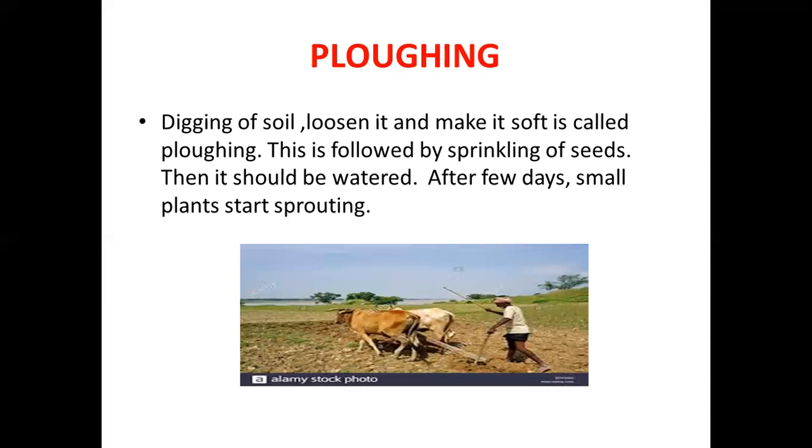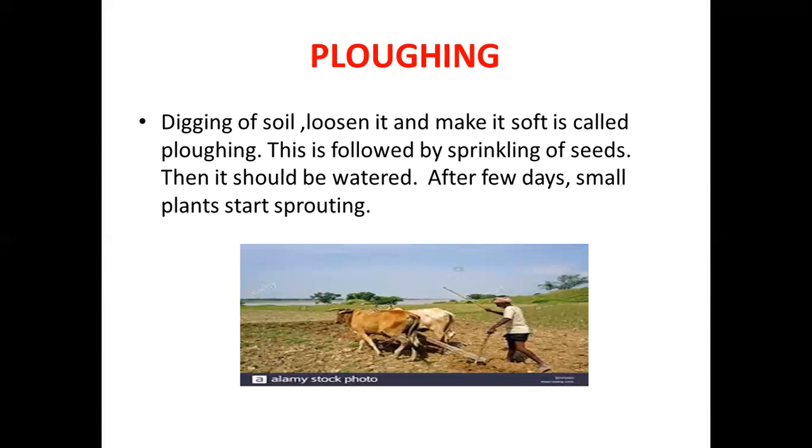So the weeds are the undesirable plants which harm the growth of cultivated plants. So they should be removed from the field. By following all these techniques, the farmer cultivates the crops.